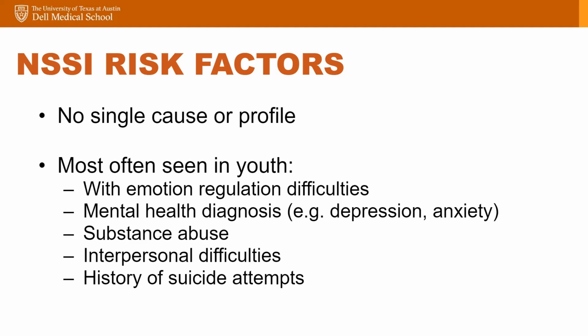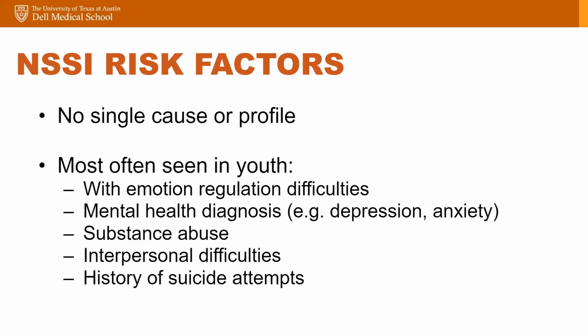I do want to specify that there is no single cause or profile that will tell us if somebody is at risk for engaging in self-injury, but there are certain behaviors or characteristics that have been found among this youth subpopulation.